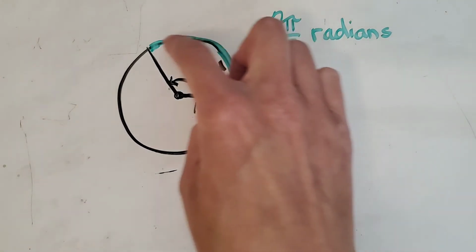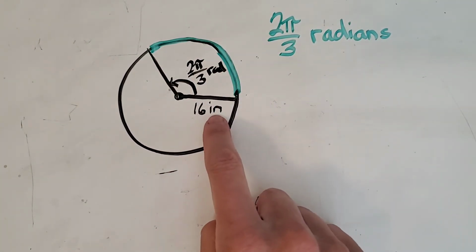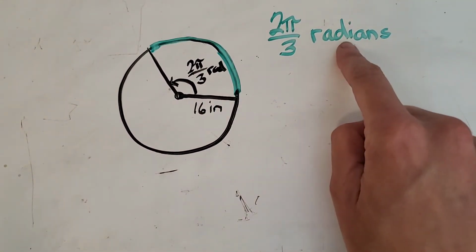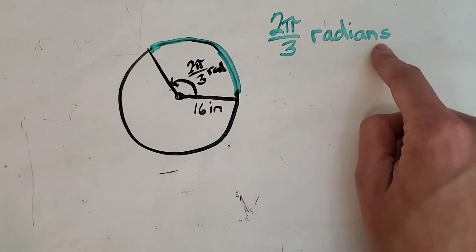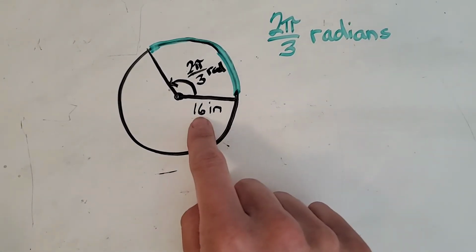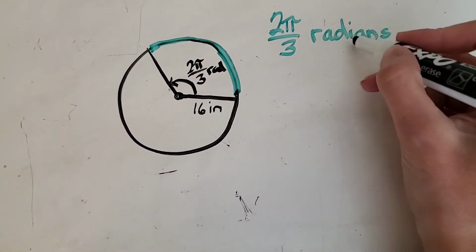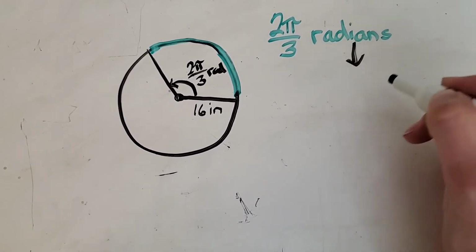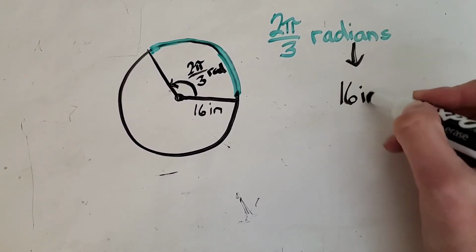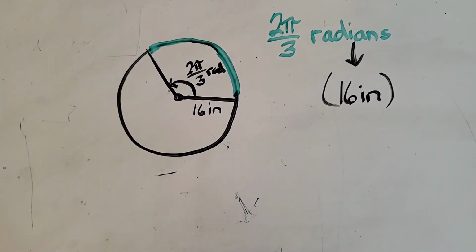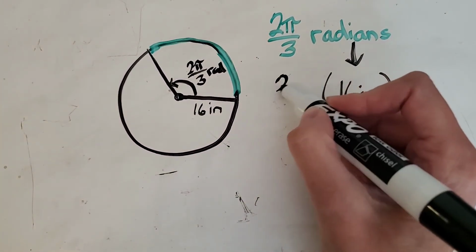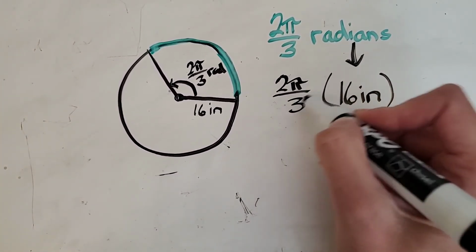Well, if I want to know the length of that intercepted arc in terms of inches, I need to remember that each radian is the length of the radius. Well, the length of the radius is 16 inches. So I can say each radian is 16 inches. That becomes the unit then, and I have 2 pi over 3 of them.